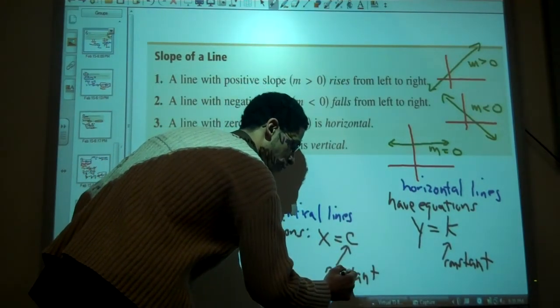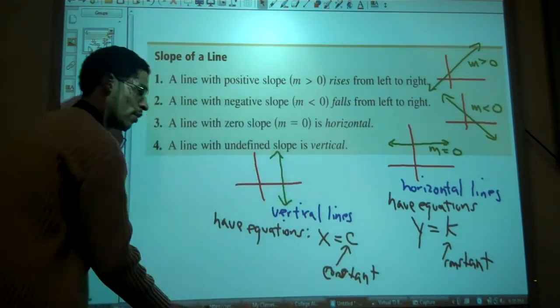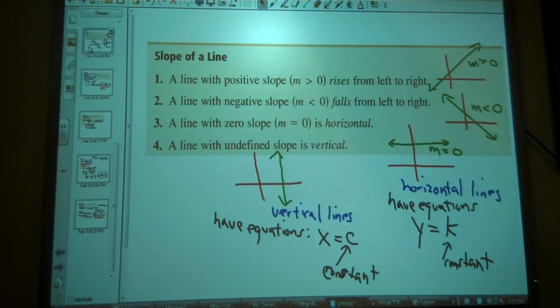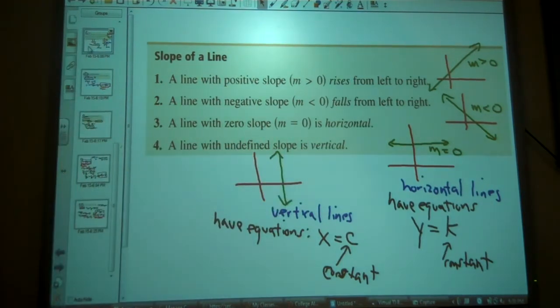And I just use a different letter for it, that's all. And whether it's positive or negative is where it is in relation to the y-axis.